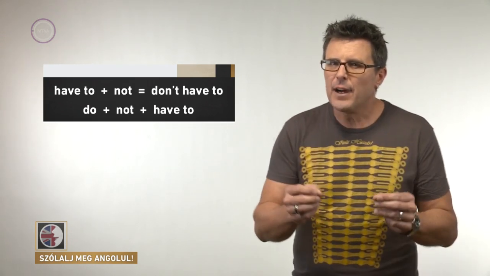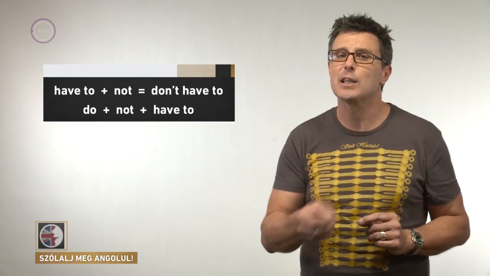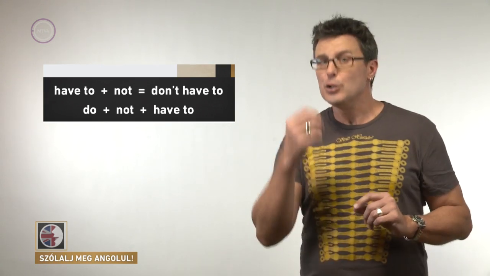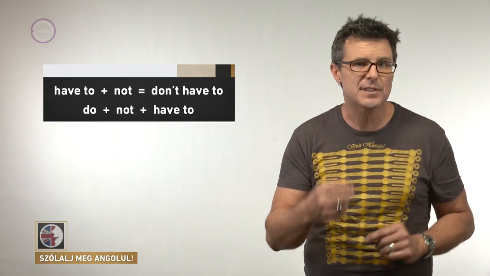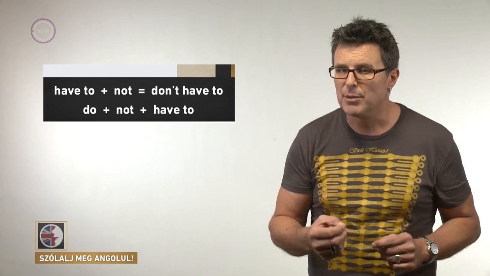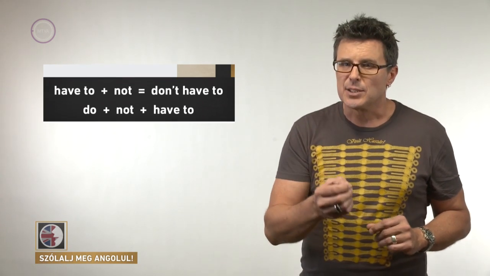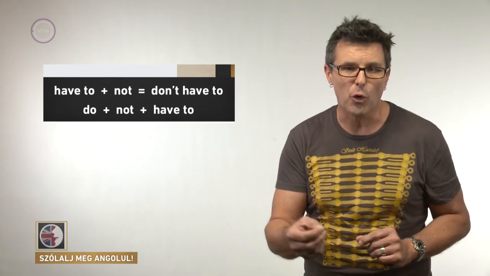Okay, fine, but we also have to remember that we conjugate the verb to do. In the third person singular, do changes to does. And when we want to make a negative sentence using do, then we also have to conjugate the verb. So, when we want to make a sentence using have to with not, we have to use this form.